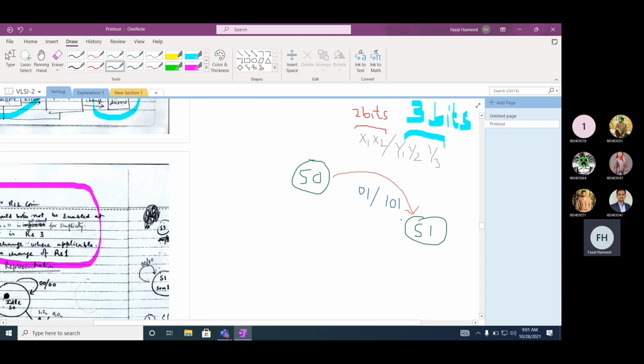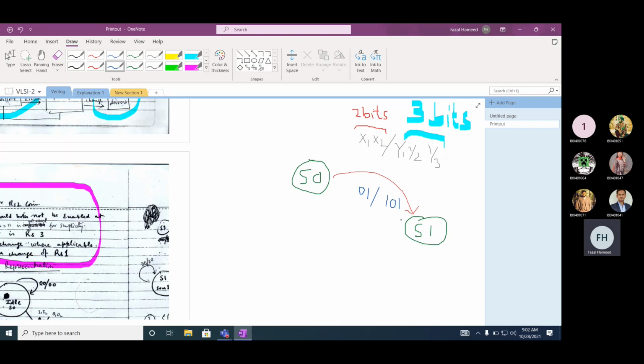Let's assume the system is in state S0 and input x1 is 0, x2 is 1. In this case, the system will make a transition from state S0 to S1. And in that case, what will be the value of the output? Y1 is 1, Y2 is 0, Y3 is 1.